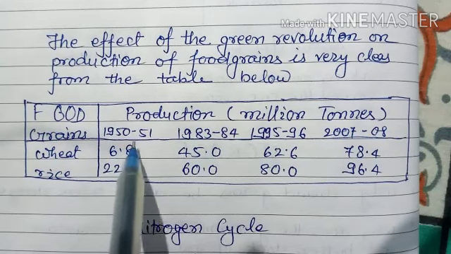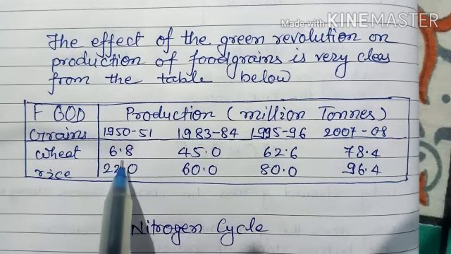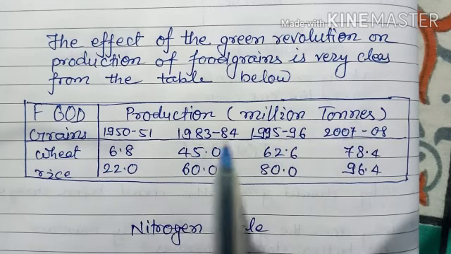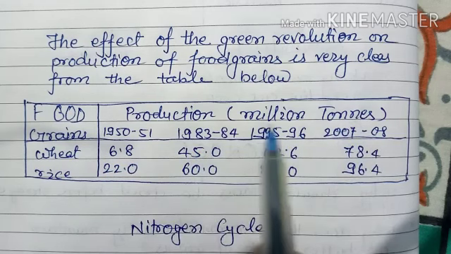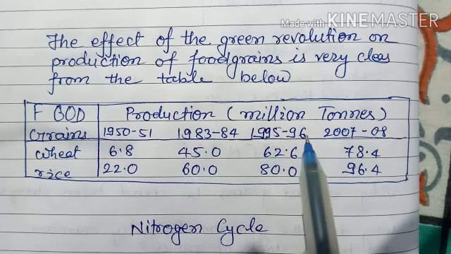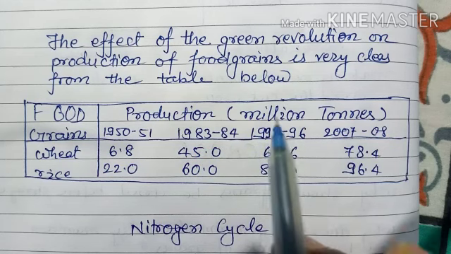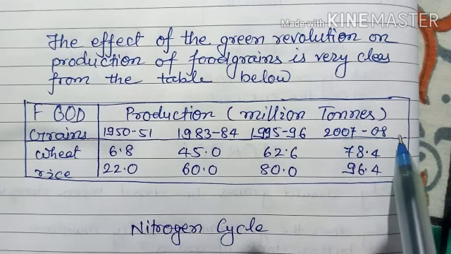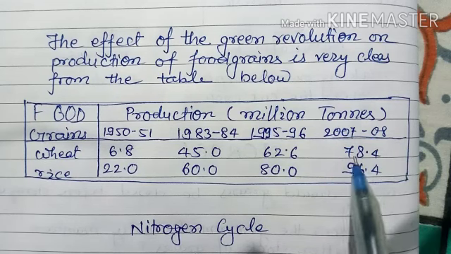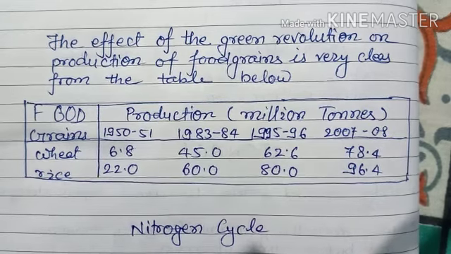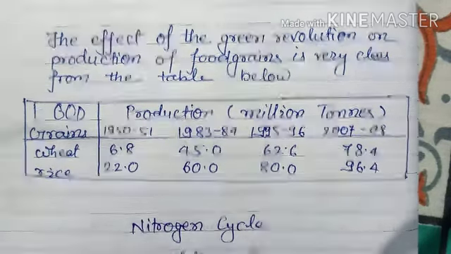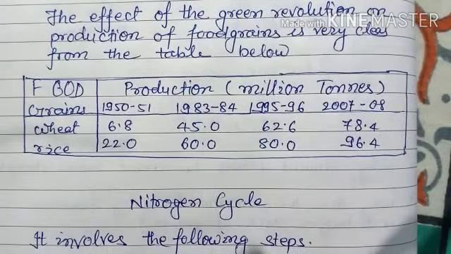In 1950-51 wheat was 6.8 million tons, in 1983-84 it was 45 million tons, in 1995-96 it was 62.6 million tons, and in 2007-2008 it was 78.4. In the same manner, see how tremendously rice production has also grown.